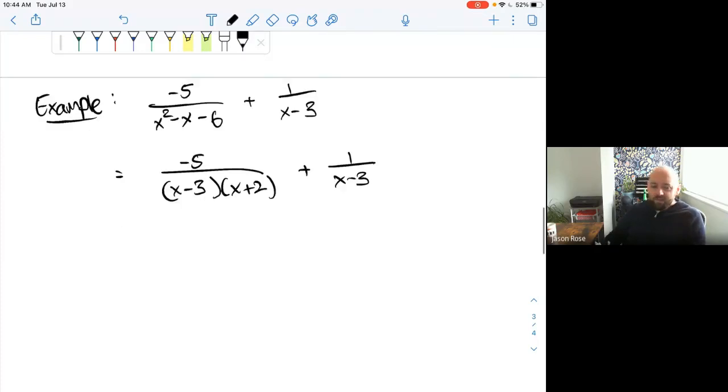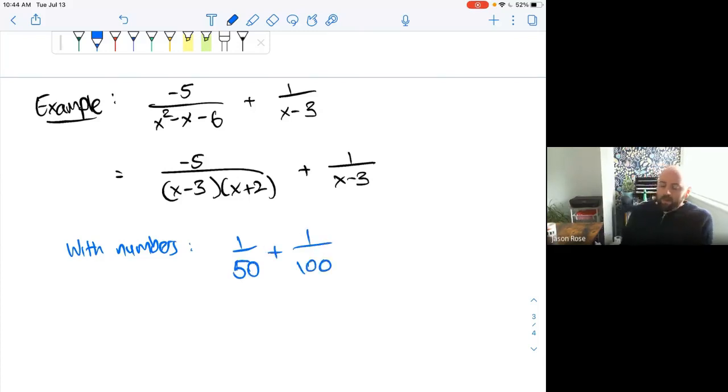So the analog of this with numbers, let's just think about numbers for a second. Let's say we were going to do 1 over 50 plus 1 over 100. What you're kind of suggesting is to say, all right, well, I'm just going to do 50 multiplied by 100 as my denominator.